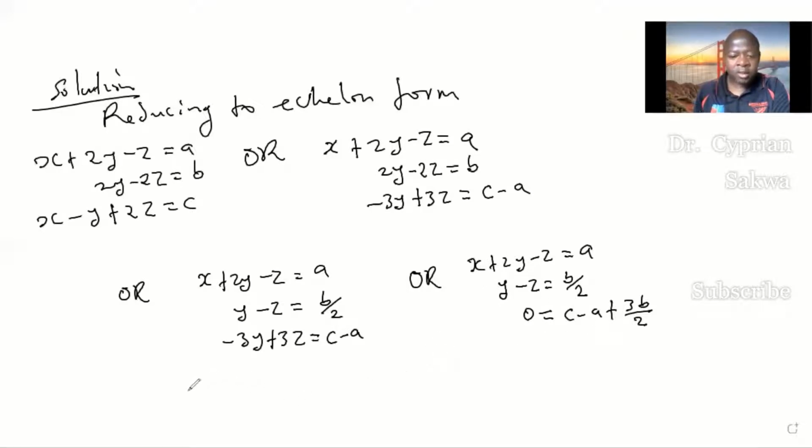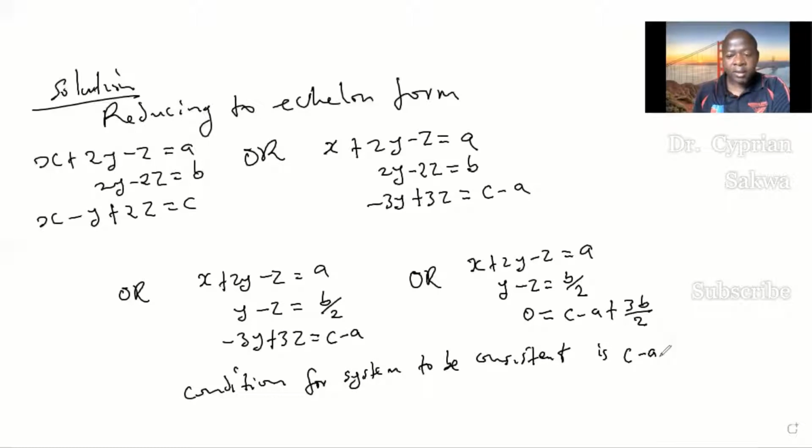So the condition for this system to be consistent is that the right side, c minus a plus 3b out of 2, should be 0.